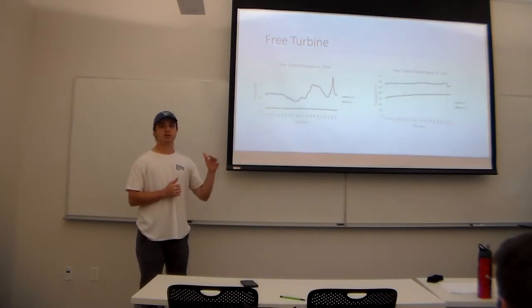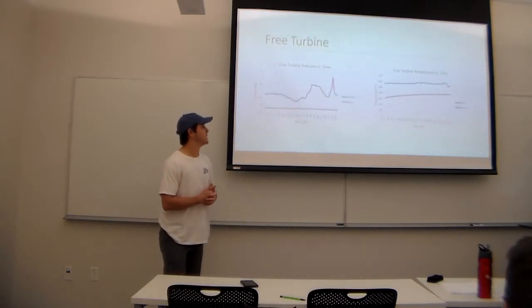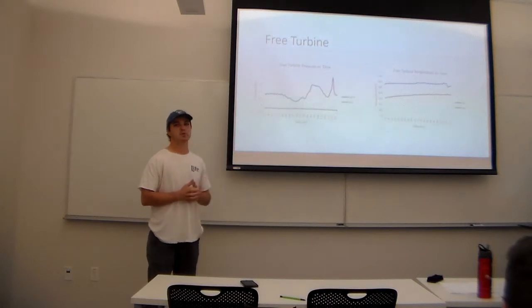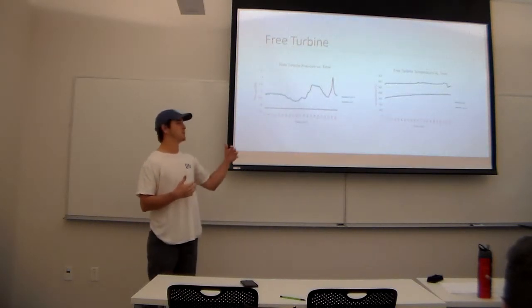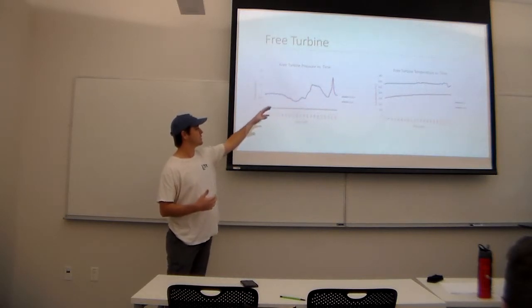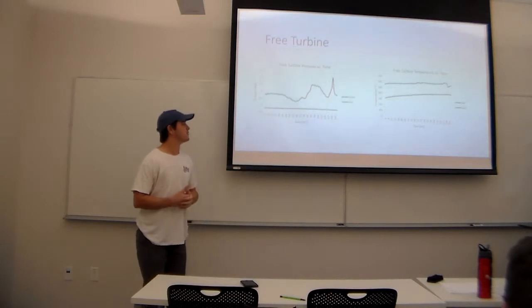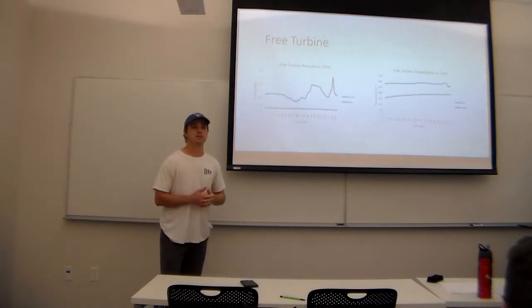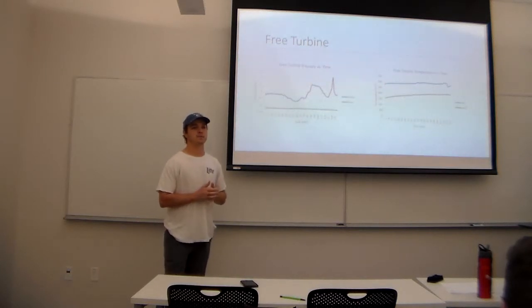It remains below the point. And for temperature, it decreases because you're putting work in. The work is absorbed by the free turbine, so your temperature is decreased from, let's say, 550 degrees Celsius to around 350 because the work is taking the energy from this system.